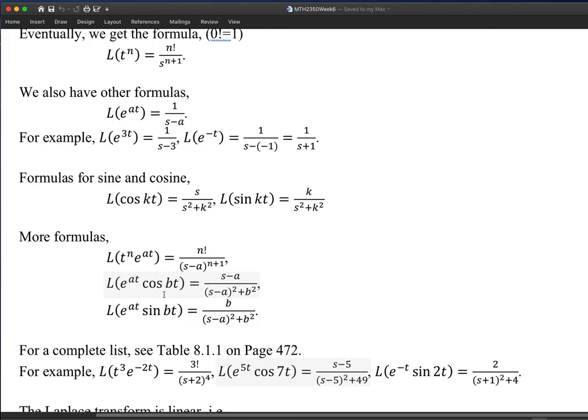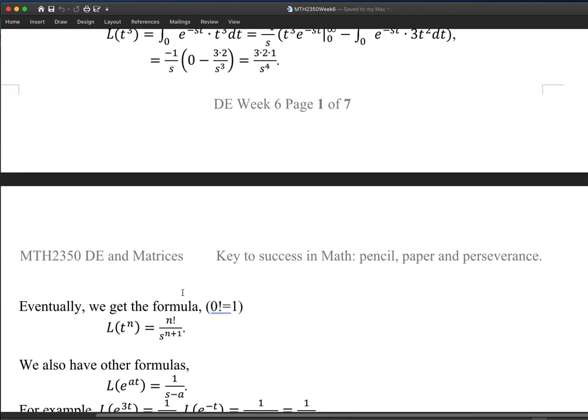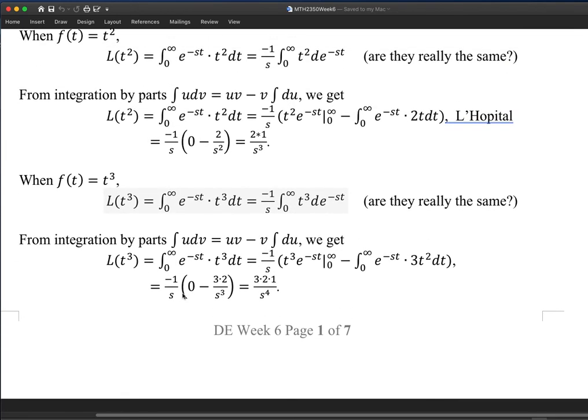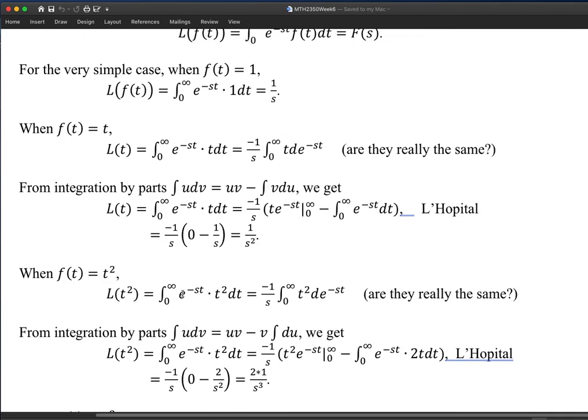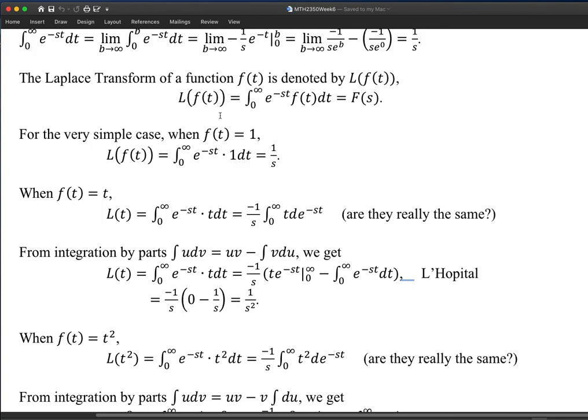We only need to be able to identify the Laplace transform of given functions using those formulas. It is really not required to calculate the Laplace transform using the definition. Certainly, the definition is very helpful to understand the Laplace transform.